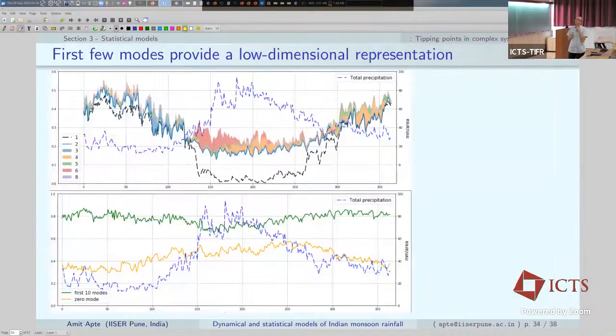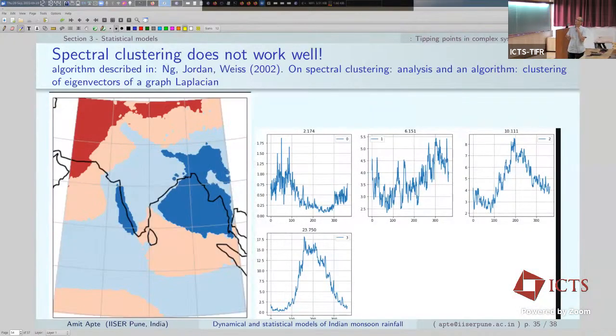So let me just go to this plot for now. When we try to do the clustering aspect, which is to take the spectral eigenvectors, do a clustering, and see what you get out, these are the clusters. So there are 4. We have varied the number of clusters and it doesn't really make too much difference.